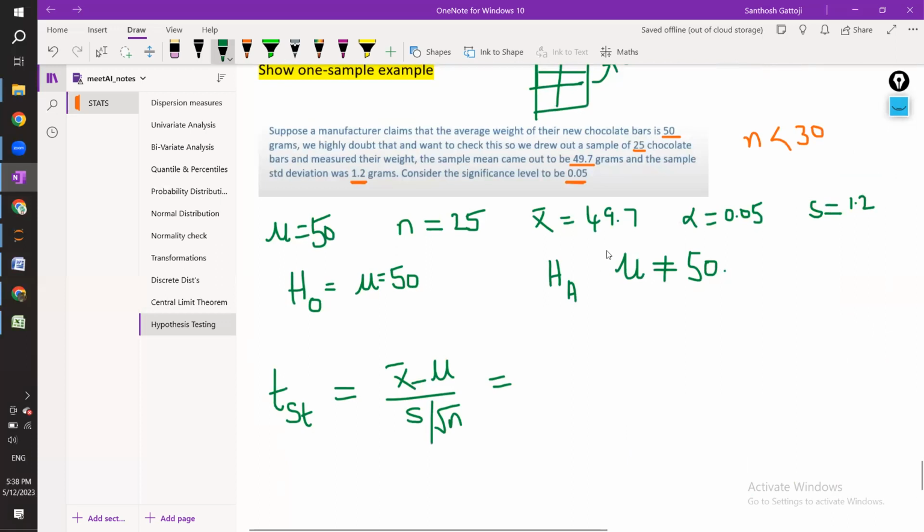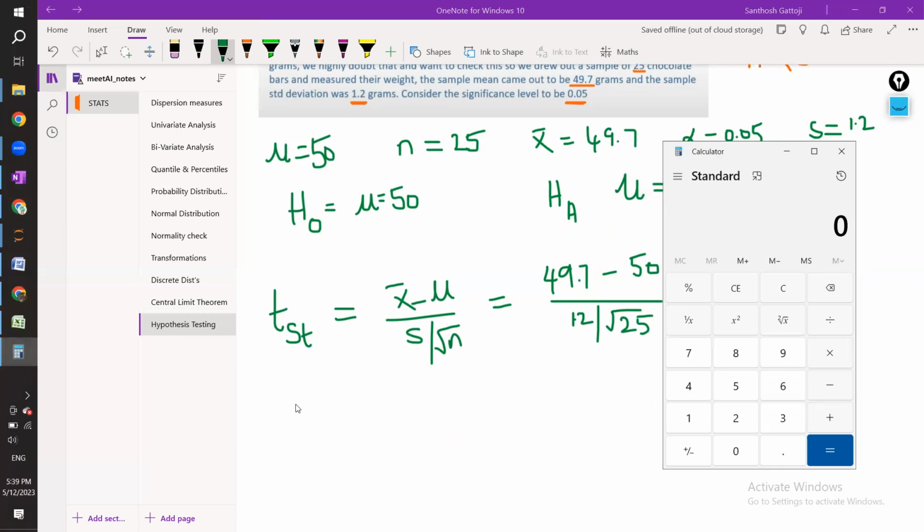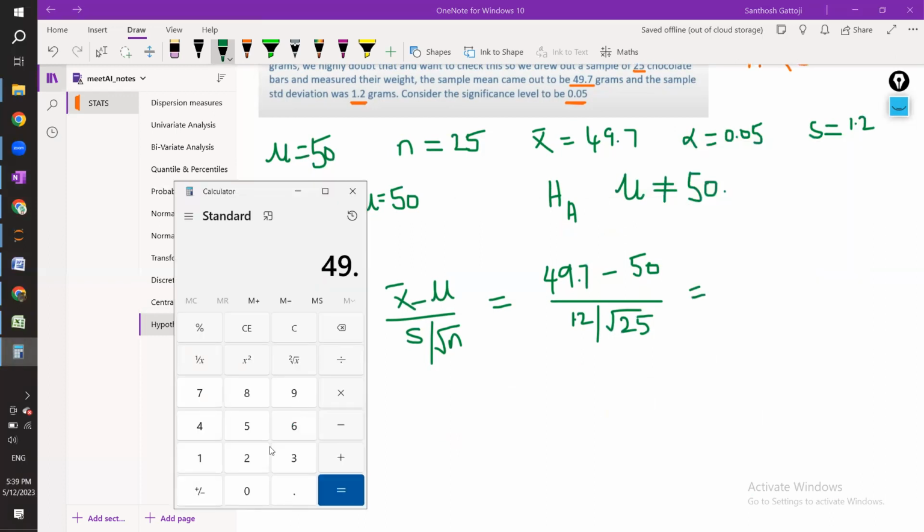Now, x bar is 49.7, minus mu, which is 50, divided by s, which is 1.2, by square root of n, where n is 25. Can someone do the calculation? 49.7 minus 50 is minus 0.3.